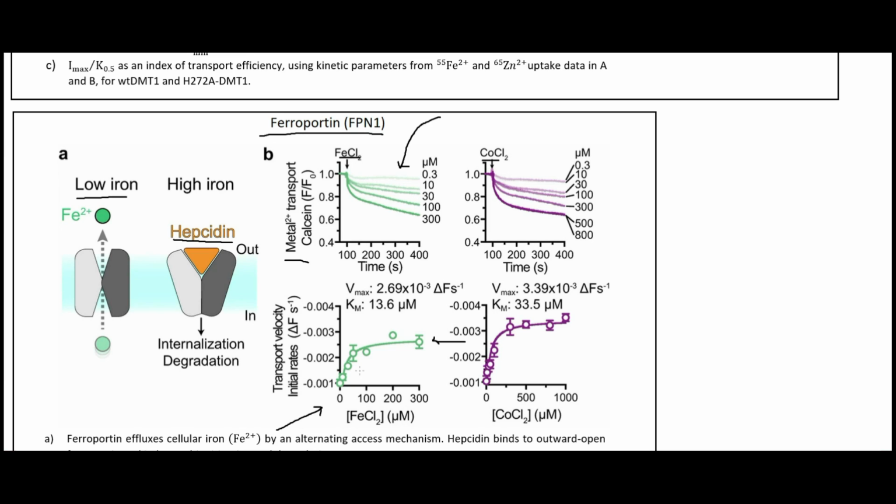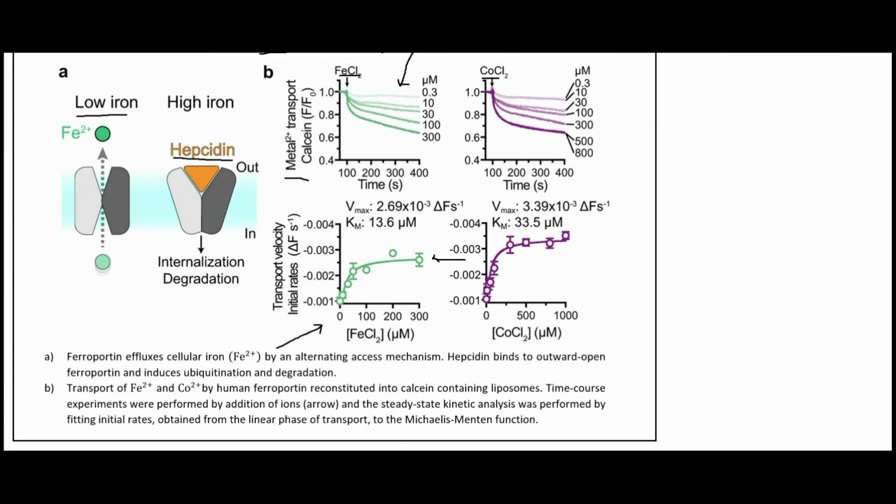So a lot of these transporters here appear to be fairly slow moving, but they are very tight binding, and so that kind of makes sense because again, we want that tight control of the iron absorption, because we don't want getting too much of it into our bloodstream, because that can become toxic.